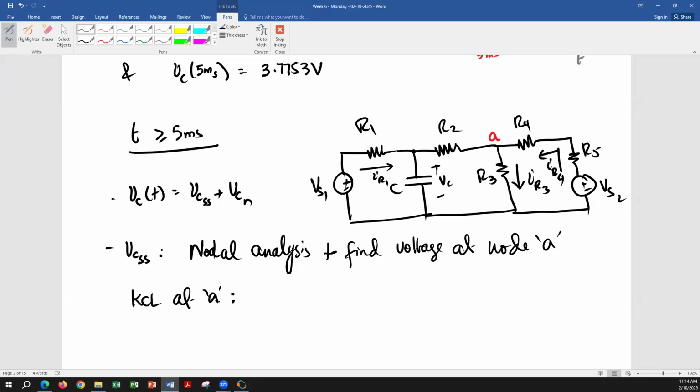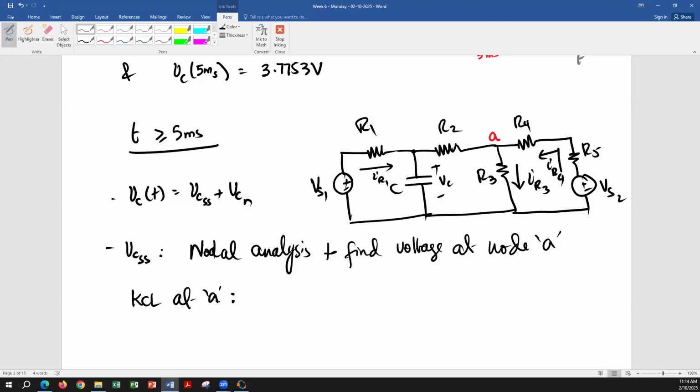Okay, IR1. Okay, and your equation is not complete. Equation means that you have two sides, right?